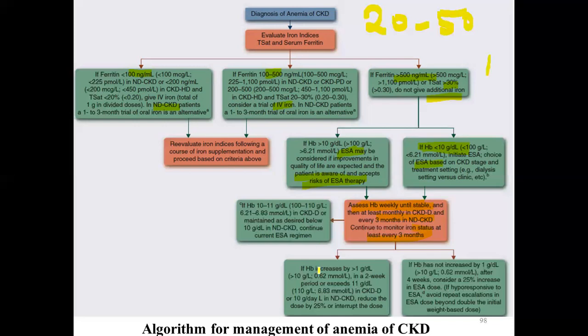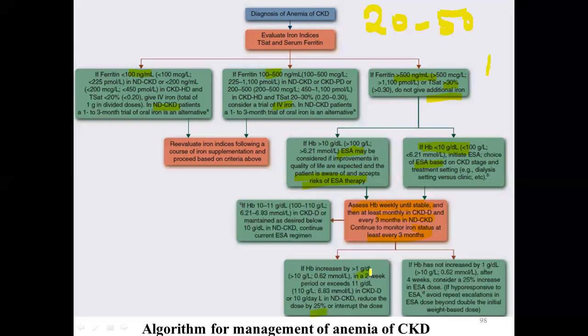So if the hemoglobin level increases after you give replacement therapy with erythropoietin, and it rises by more than 1 gram per deciliter in a 2 week period, or it exceeds 11 gram, you can reduce the dose by 25% or interrupt the dose.